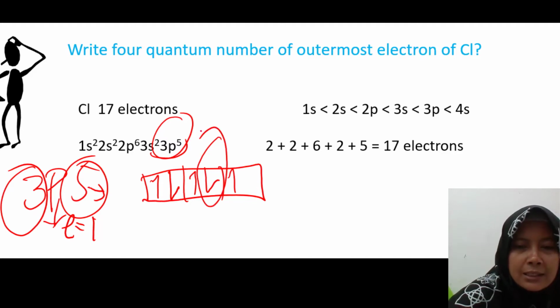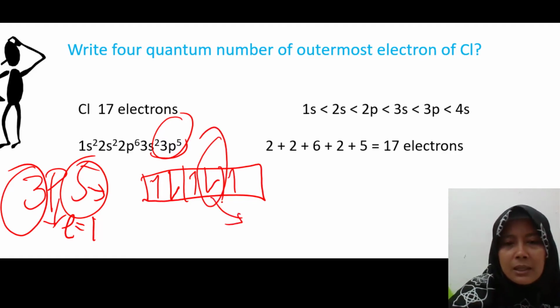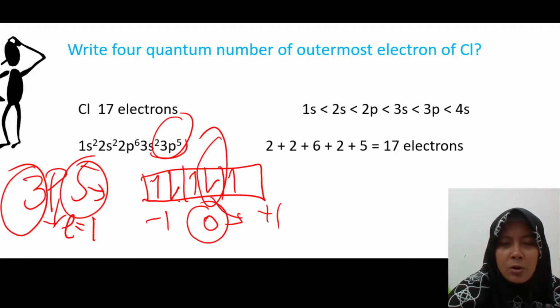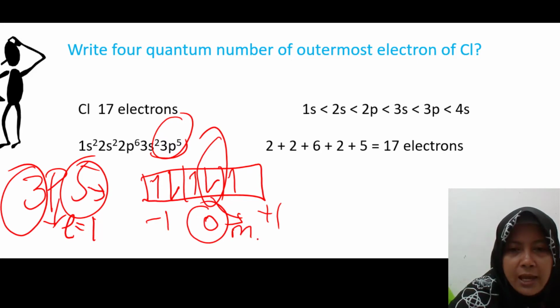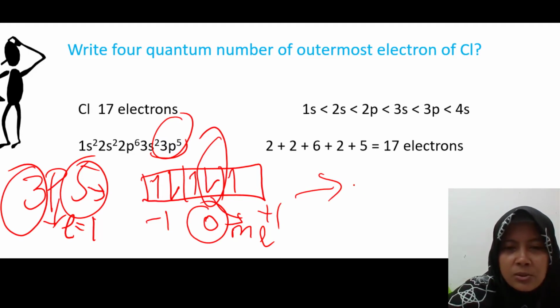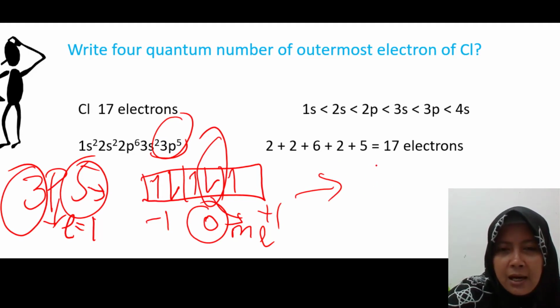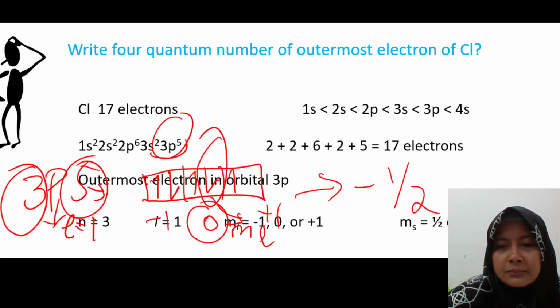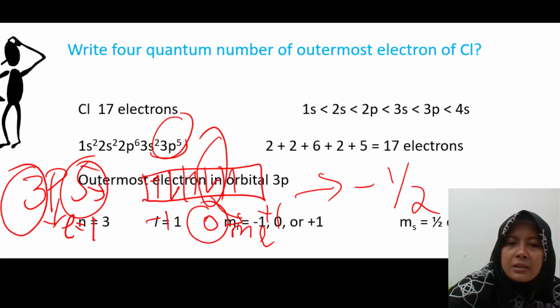The last electron, as the outermost, is placed in the 0 orbital, which is the value of ml, and because the arrow direction is down, we may conclude that the spin number is minus half. Okay, this is the quantum numbers of the outermost electron of chlorine.